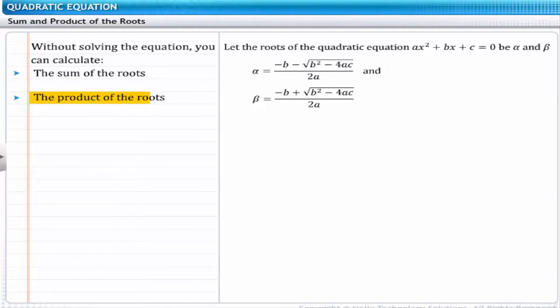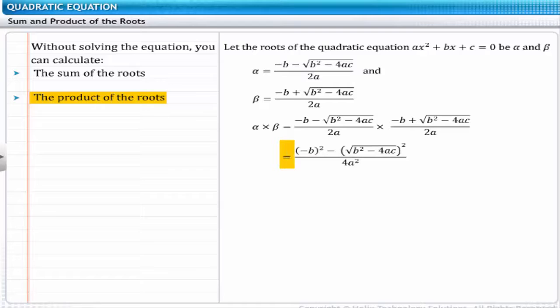Now let's look at the product of the roots. The product of the roots of a quadratic equation is alpha times beta equals minus b minus square root of b squared minus 4ac divided by 2a times minus b plus square root of b squared minus 4ac divided by 2a.